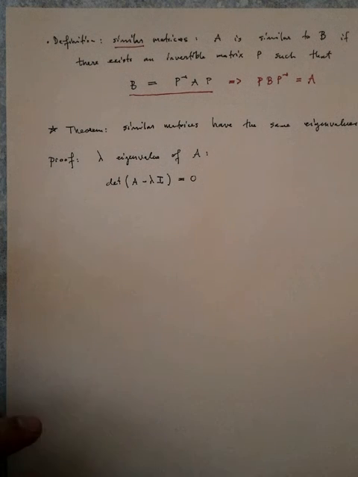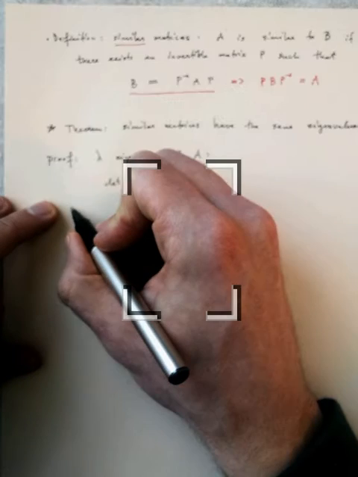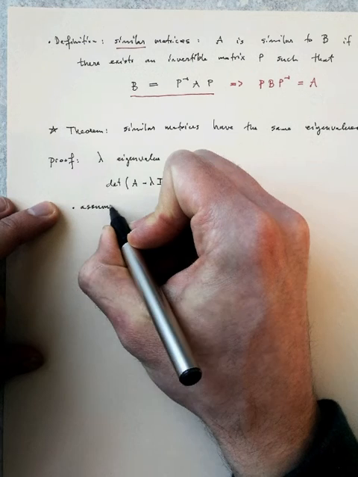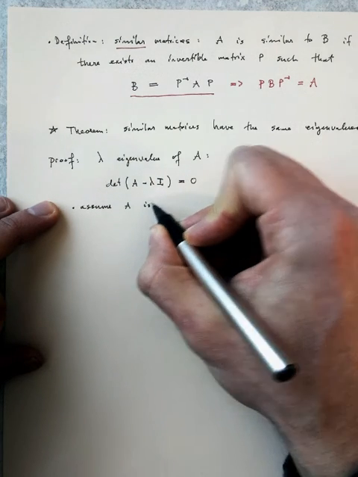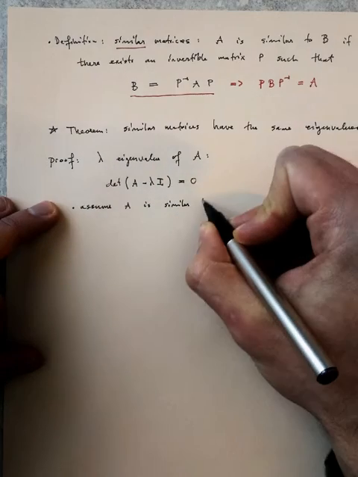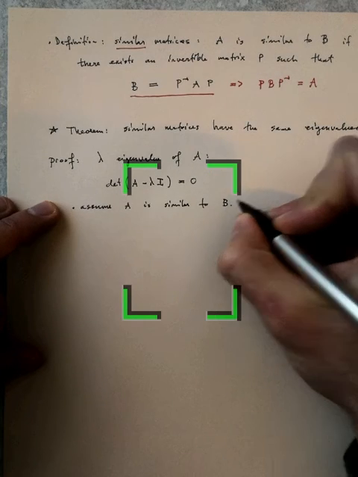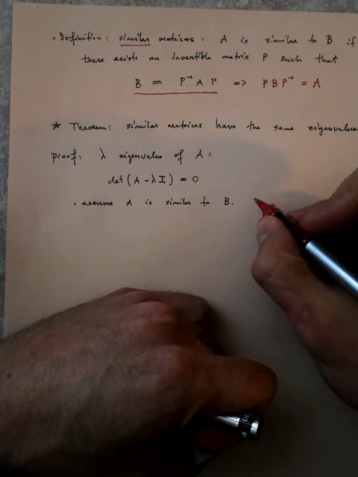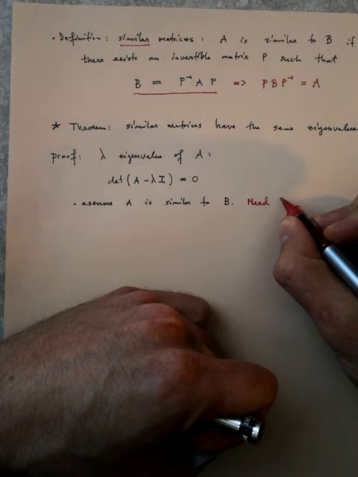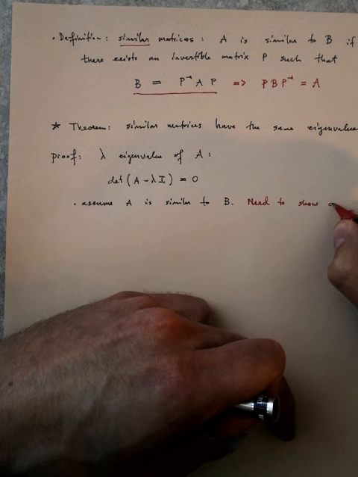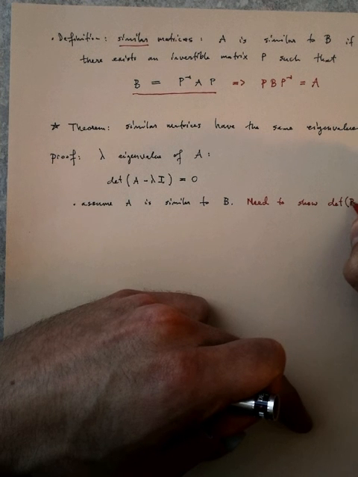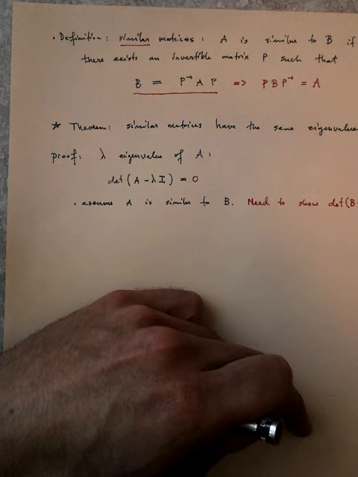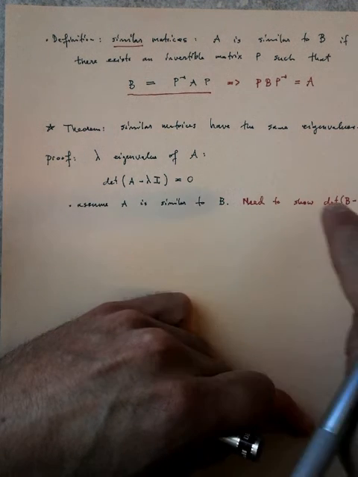Okay, so I'm assuming that A is similar to B. So what I want to show is that the determinant of B minus lambda times I is also 0 for the same lambda as up here, right?